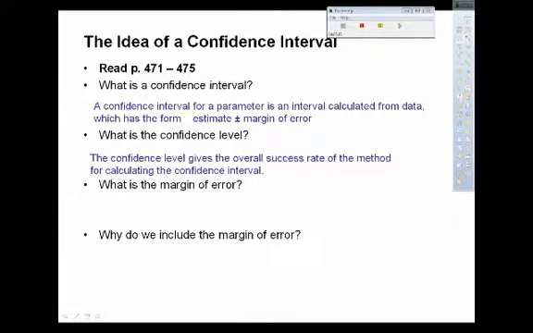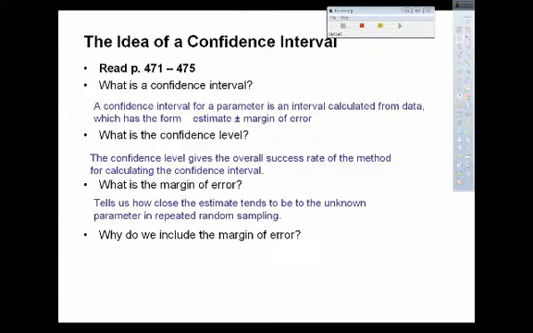So what is the margin of error? It tells us how close the estimate tends to be to an unknown parameter in repeated random samplings. So if we sample over and over and over again, this margin of error is going to tell us how close we are going to be to that unknown parameter, either our mean or our standard deviation or the proportion.